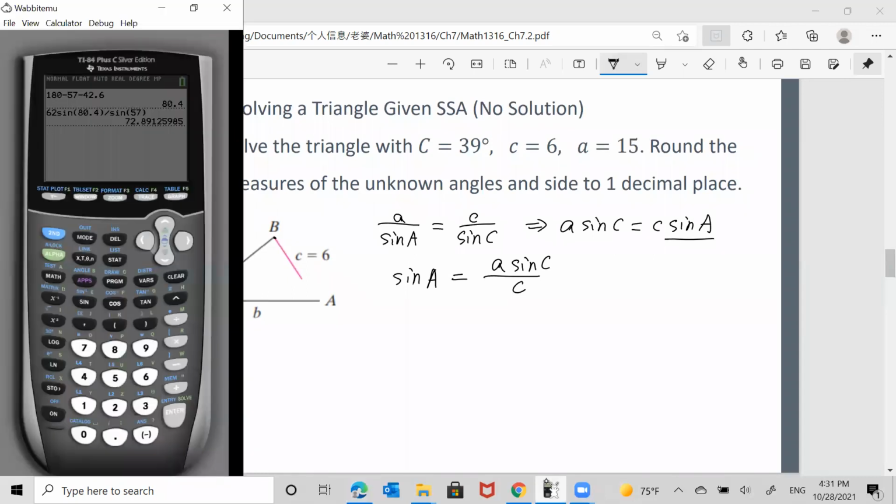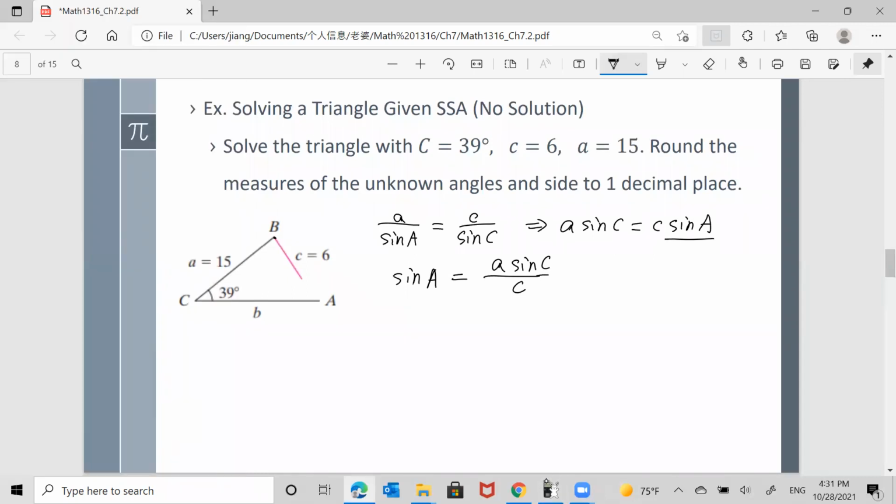The calculator. Okay, maybe we don't need to use calculator. We plug in the numbers first. So a is 15, sine C is sine 39 degrees, lowercase c is 6. So you see, 15. Oh, right now I don't know the number here.